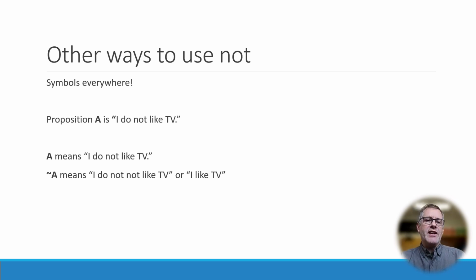So if I were to write A anywhere on the paper below that, I would know that that means I do not like TV. If I put tilde A anywhere farther down the paper, that would mean not I do not like TV, or I like TV in this case. So this allows me more power and flexibility to write things shorter.